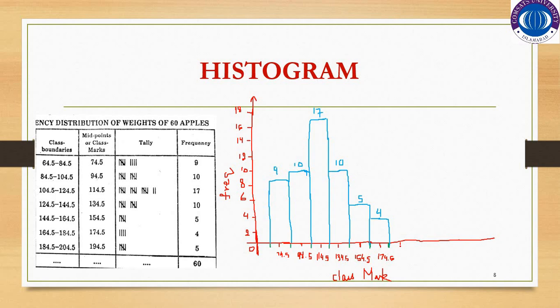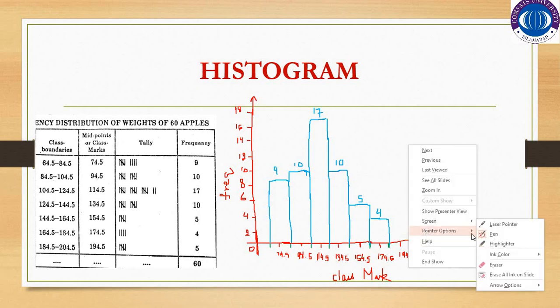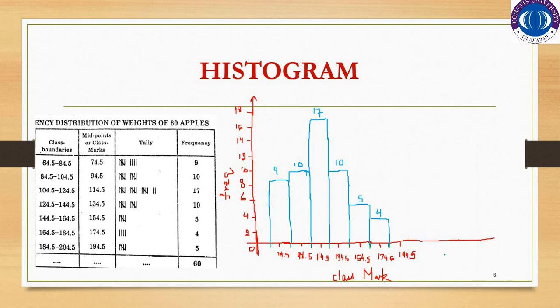It would be somewhere here, and the upper class boundary will be 204.5, which is somewhere here.